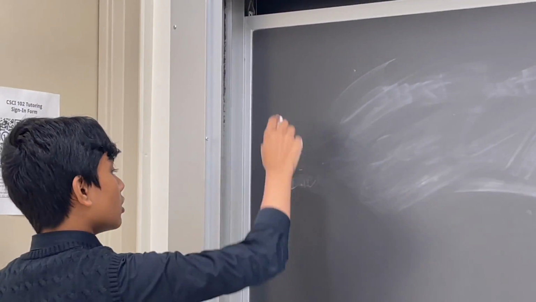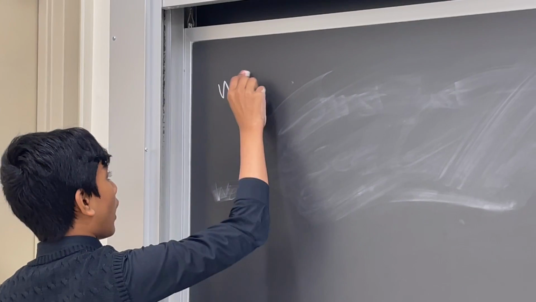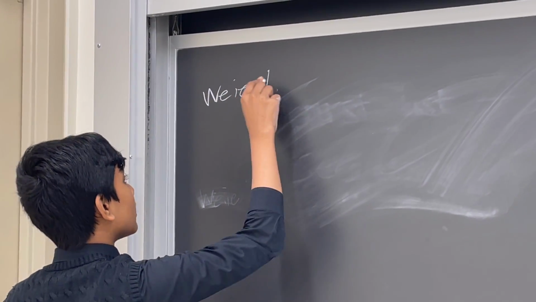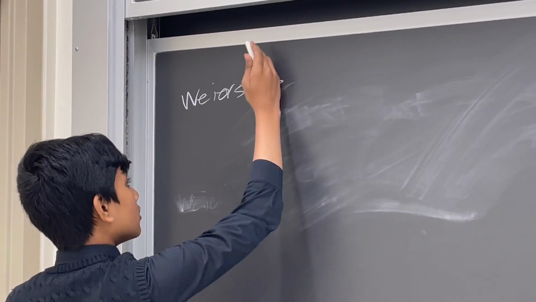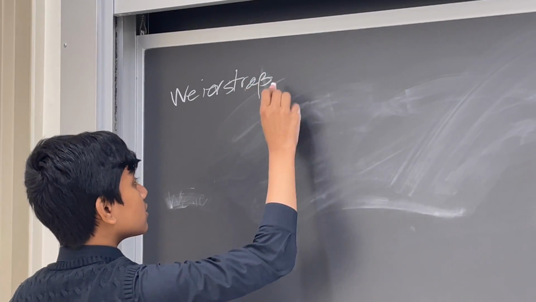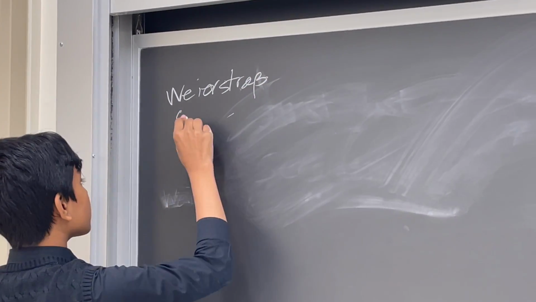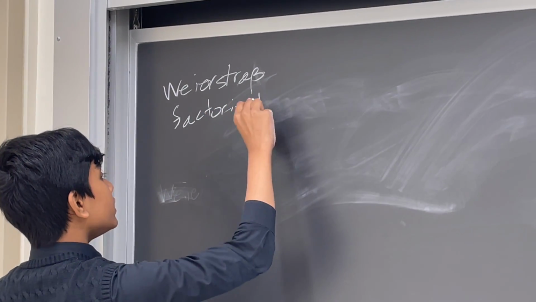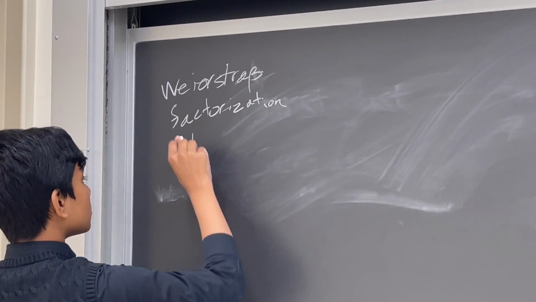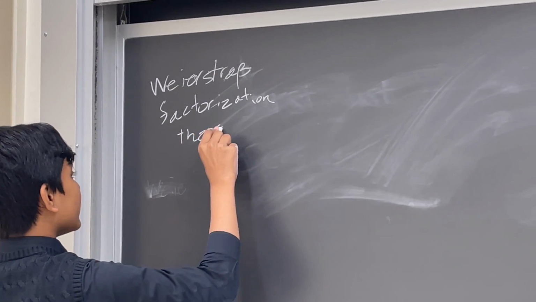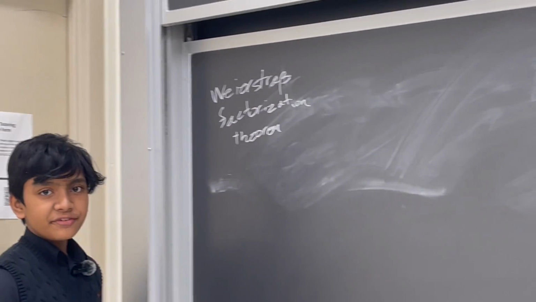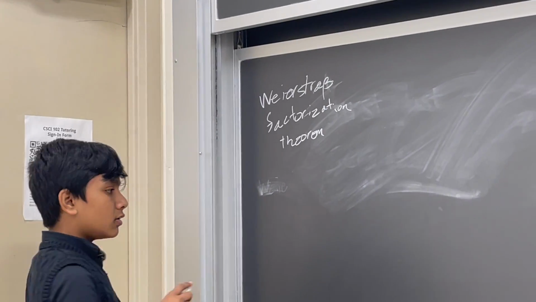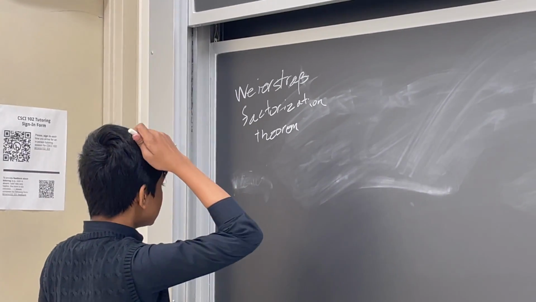In the full lecture, we're going to talk about deriving the Weierstrass factorization theorem. Or I can write it like this. All you need to know about it right now is that it allows us to derive an infinite product form for any function.